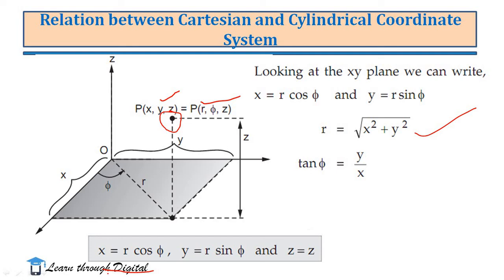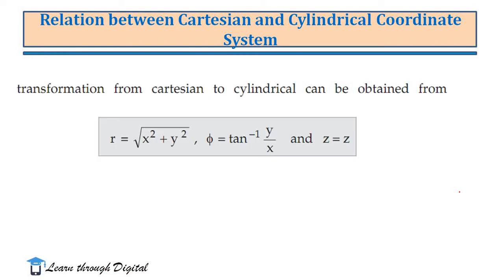It can be seen that r can be expressed in terms of x and y as r equals square root of x square plus y square, and tan phi equals y by x. So the transformation from Cartesian to cylindrical can be obtained from r equals square root of x square plus y square, phi equals tan inverse y by x, and z equals z.